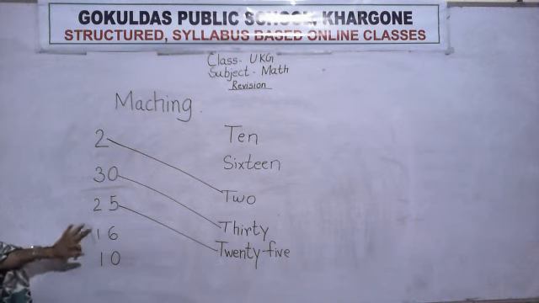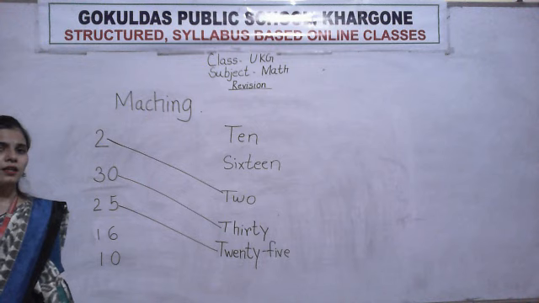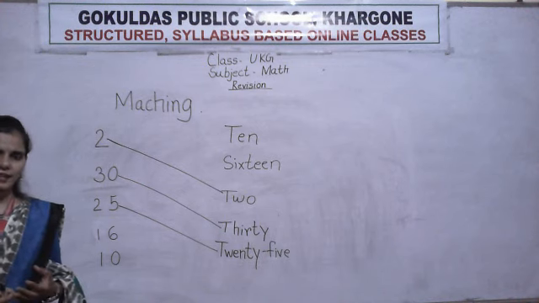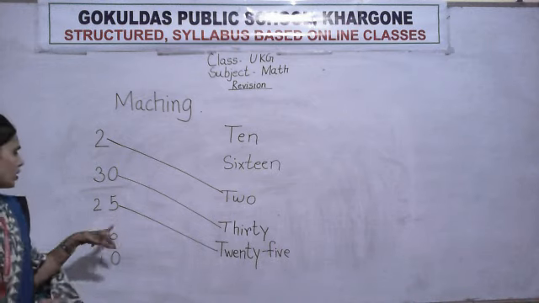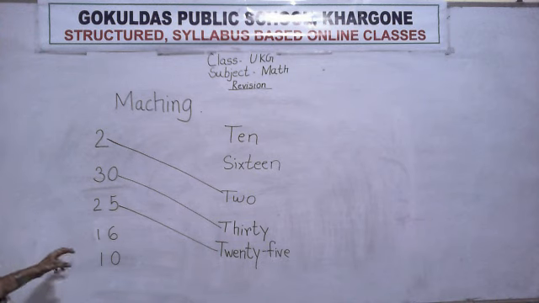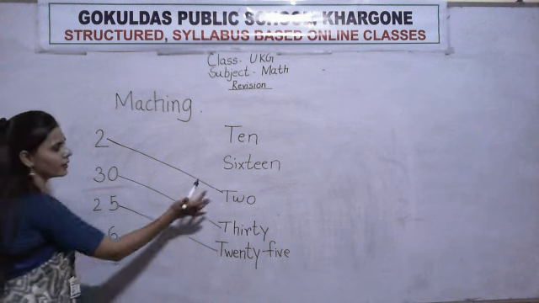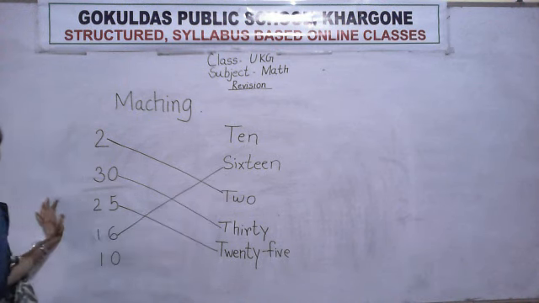Now next is 16. So where is 16? What is the spelling of 16? SIXTEEN. In your previous session you know the spelling of 11 to 20. So this is 16. What is the spelling of 16? And where is the spelling of 16? Here. So you match 16.